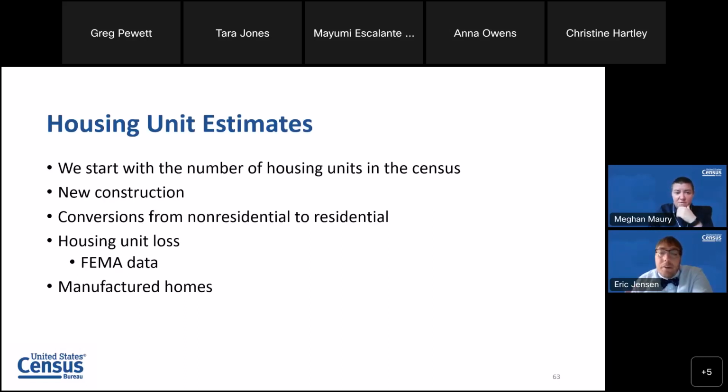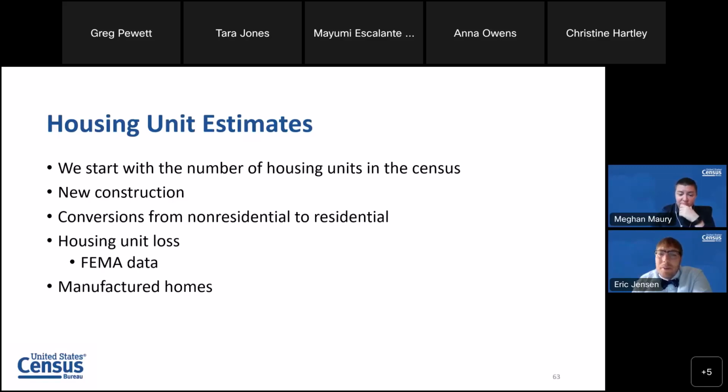We have to figure out a way to subtract housing unit loss, and then we do something for manufactured homes. Just real quick, as part of the housing unit loss component, we get administrative data from the Federal Emergency Management Agency, or FEMA, and we use these data to account for housing units that were destroyed in a natural disaster, such as a wildfire or a hurricane.